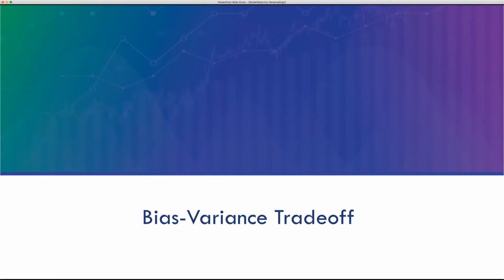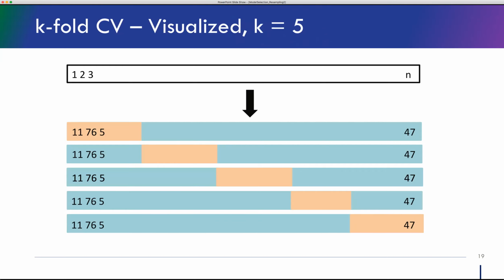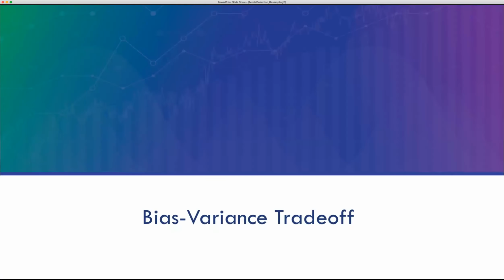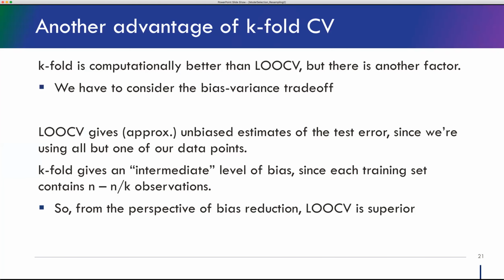We talked about validation methods, leave one out cross-validation and k-fold cross-validation. Now we have to talk about the concept of bias-variance trade-off for the cross-validation methods.